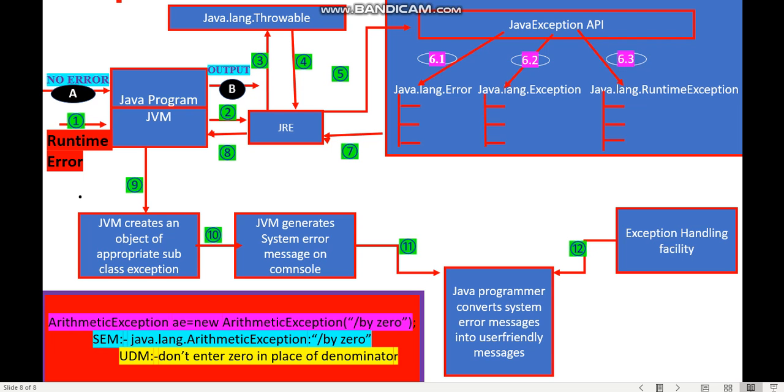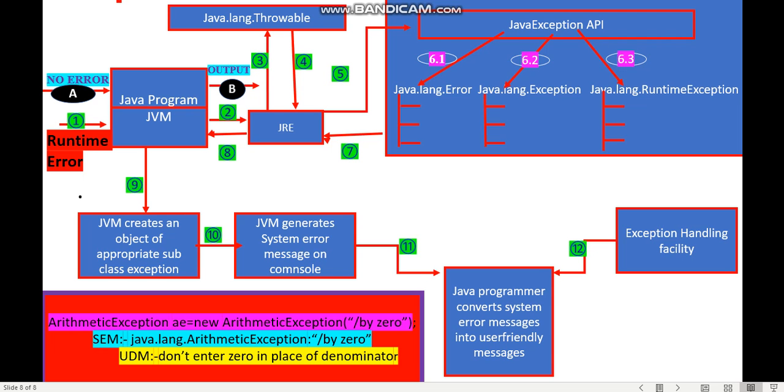After executing either 6.1 or 6.2 or 6.3, Java exception API gives an appropriate exception subclass to JRE in step 7. In step 8, JRE further gives the same exception subclass to JVM.